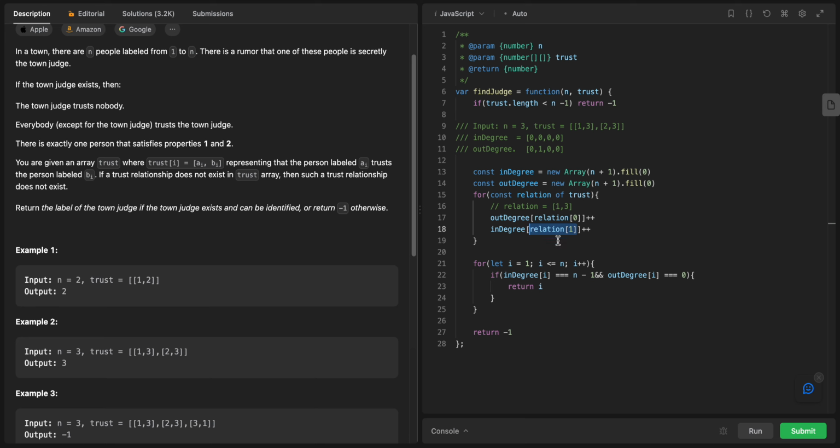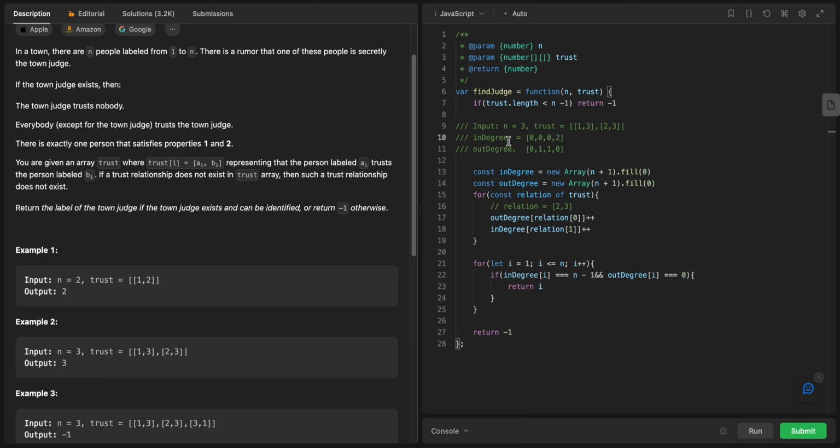Relation of 1 is 3, so in degree of 3 plus plus, I will add it by 1, and I will loop again, so relation will equal the next one, 2 and 3. So I'm saying relation of 0, which is 2, plus plus. Out degree of 0 is the second, so this one will be 1, and the in degree of relation 1, which is 3, plus plus, which we have already here, it will be 2.